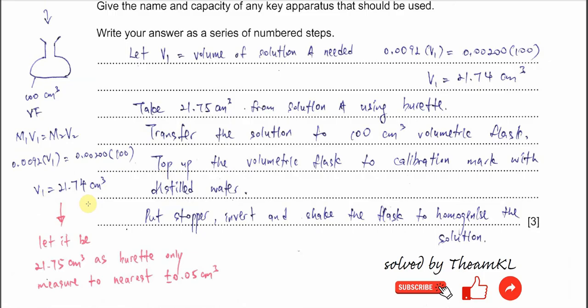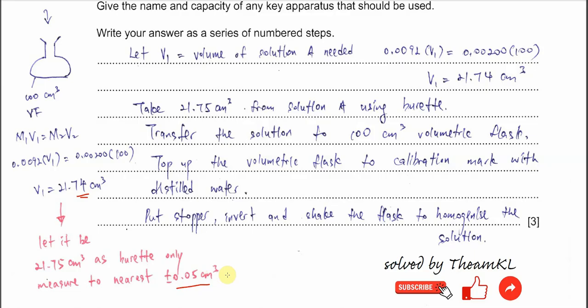But in the steps later, you cannot put 21.74. Why? Because when we want to take a volume, let's say from a burette, the uncertainty is ±0.05 cm³.